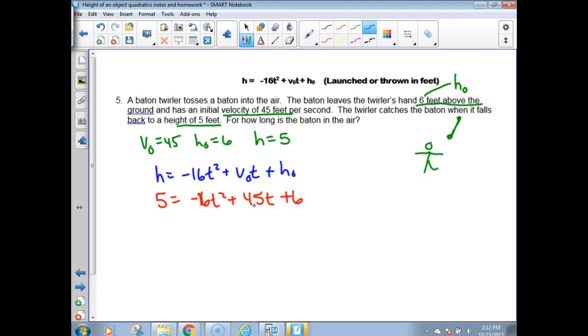Why not? Will I be able to get the t alone in t squared form? No, I can't because I got another t here, right? So when you see the trinomial, we could subtract 5. And then I don't know how to factor that, so it's not a factorable problem.